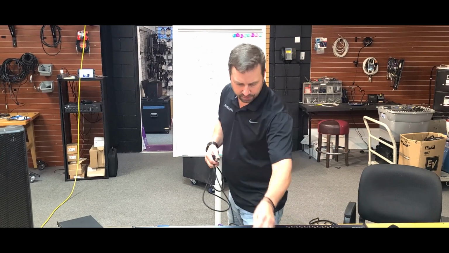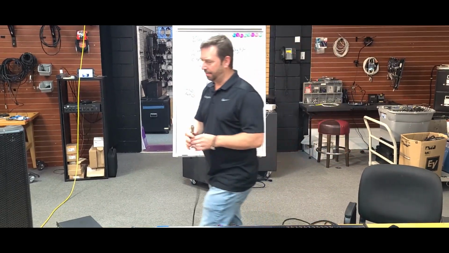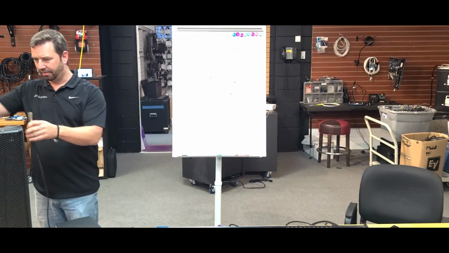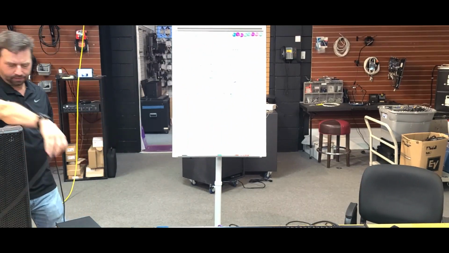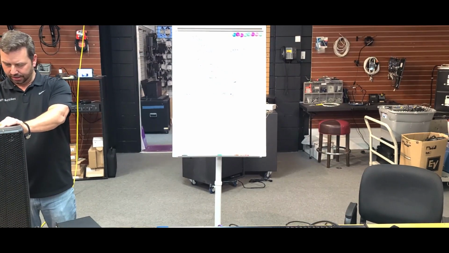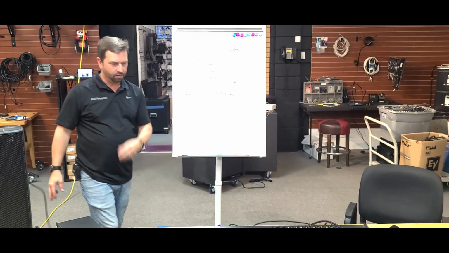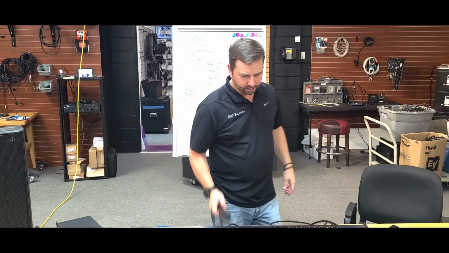Let me make sure that's turned down in this. Okay. So now I'm going to take this and plug it into my powered speaker. I'm going to unplug my main output. I actually need two speakers to demonstrate this a little bit better. But all right, I'm going to plug that in. So I'm coming aux send into this. So right now my main output is not going to do anything because I unplugged it.